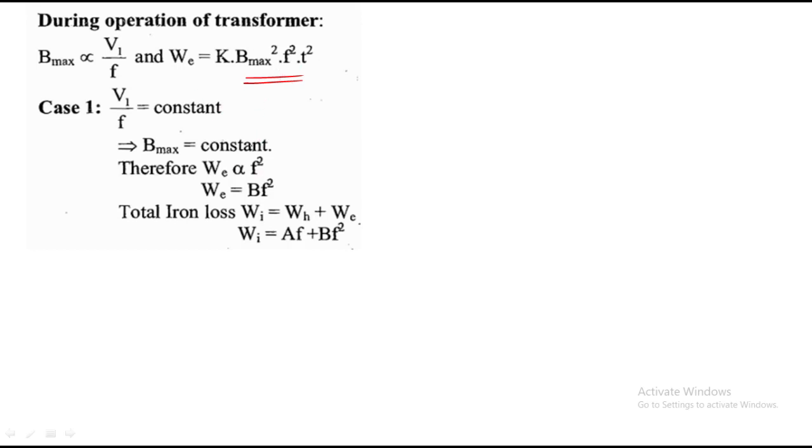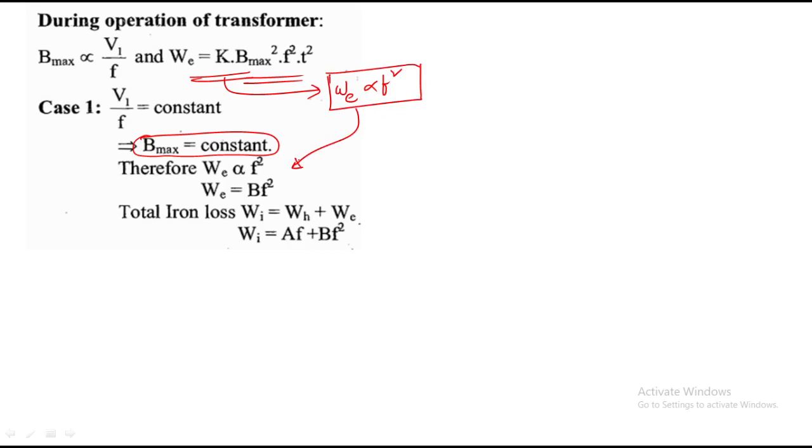Obviously it is proportional to frequency square, that is, voltage over frequency equals B max, which is constant. So from this equation, if B max is constant, eddy current loss is proportional to only frequency square. In order to eliminate this proportionality, we have to introduce some constant B.